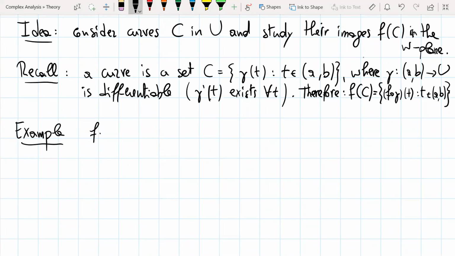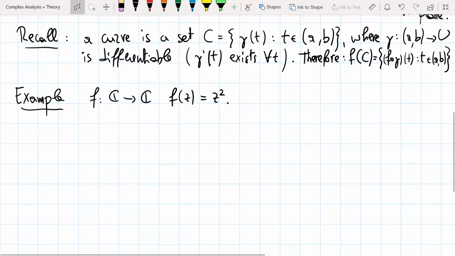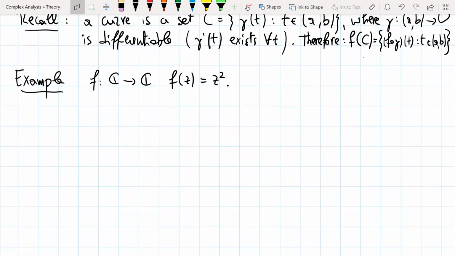So f goes from C to C and is given by f(z) equal to z squared. In this case, the open set U is the whole complex plane. Now we want to understand the image of some curves. The easiest thing to do would be to take as curves the lines which are parallel to the axes.